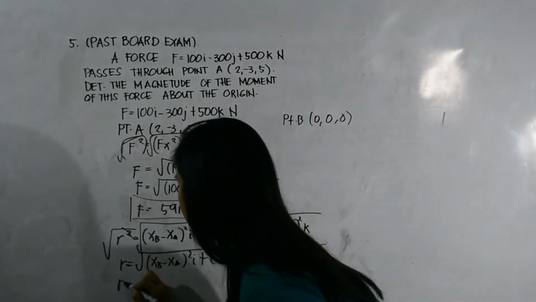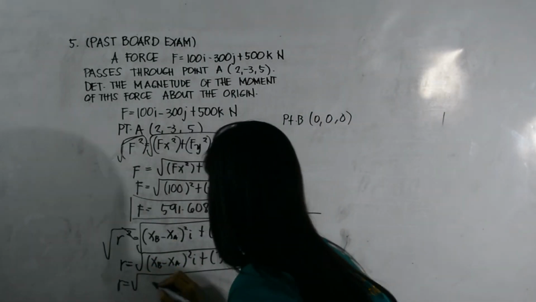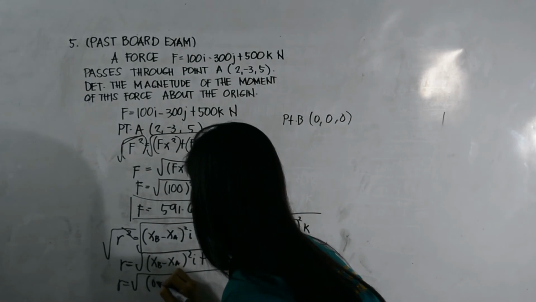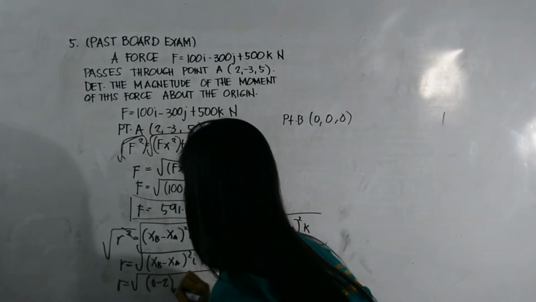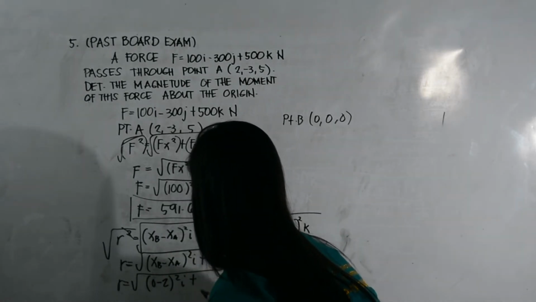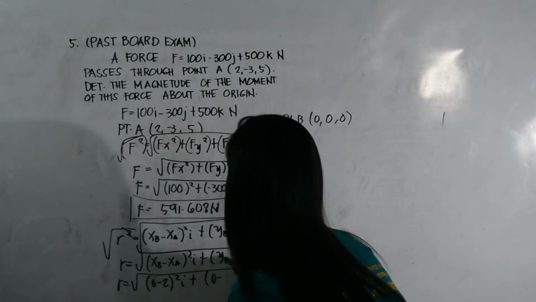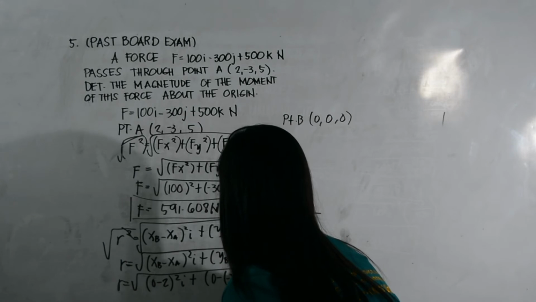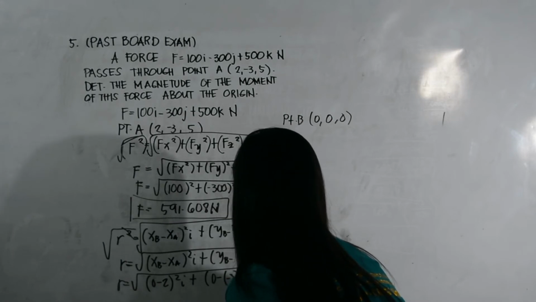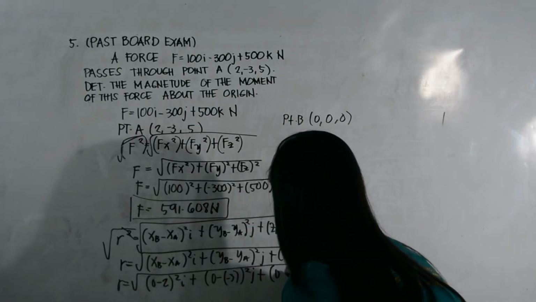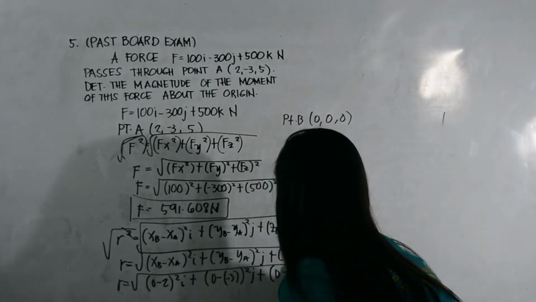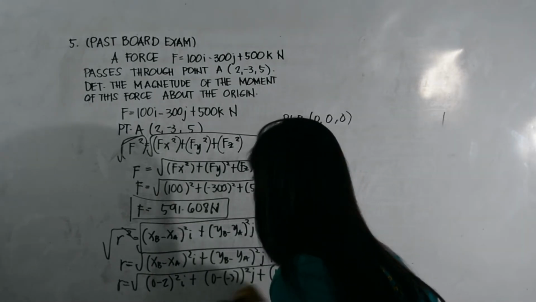So we will now have r equals the square root of (xb, which is 0, minus 2) squared I plus (yb, 0 minus -3) squared j plus (zb, which is 0, minus 5) squared k.